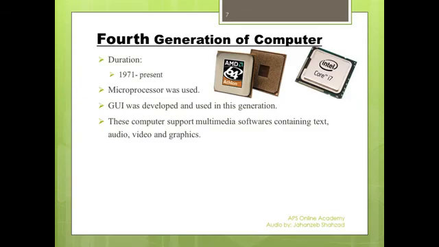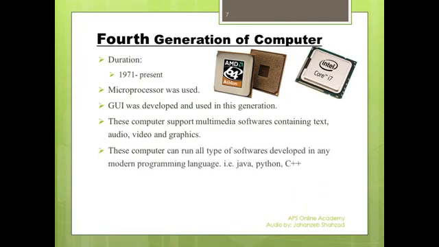Multimedia software, for example, Adobe Acrobat, Adobe Photoshop, Adobe Illustrator, in which you are able to make different types of images and you can create videos, etc. These computers can run all types of software developed in any modern programming language such as Java, Python, C++.